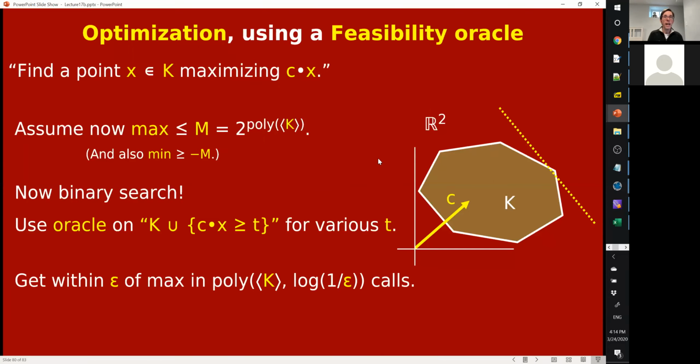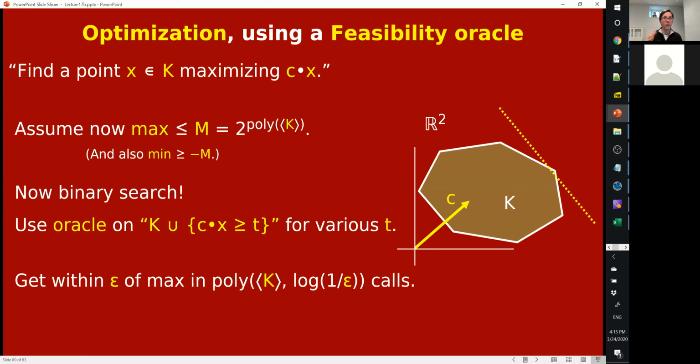The point is that you can get within epsilon of the maximum very efficiently, in a number of steps that's polynomial in the input size, polynomial in the number of bits of K, and polynomial, in fact linear, in the logarithm of your desired accuracy epsilon. Or in other words, if you want R binary digits of precision, you can do that with an order R multiplicative running time factor.